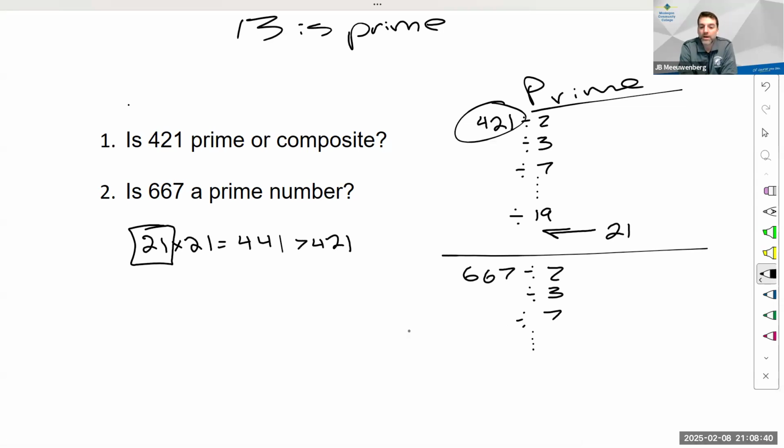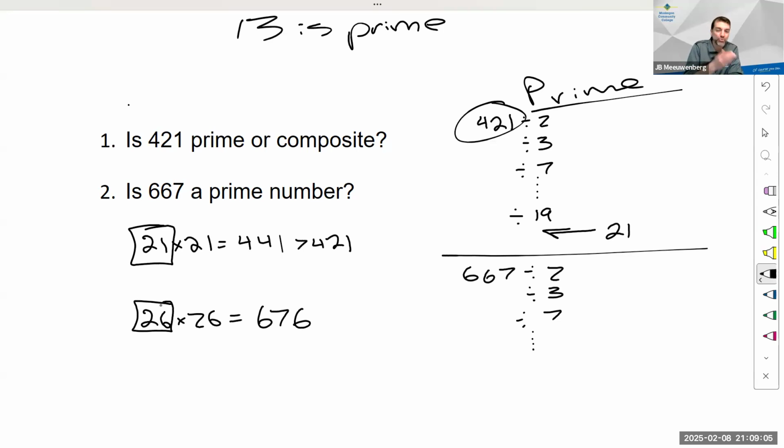Well, what did you come up with? What was that next highest perfect square beyond 667? 26 times 26 is equal to 676. So your max is 26.